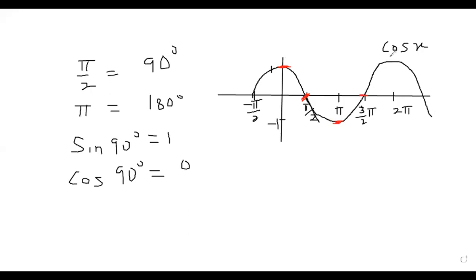Cos at 360 will be +1, okay, but the sine function will differ, right? So sine will be 0 at an angle of 0, and will be 1 at pi/2. So the sine function always leads our cos function by pi/2.